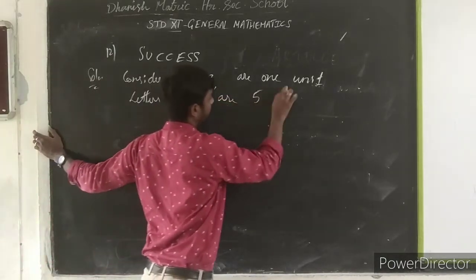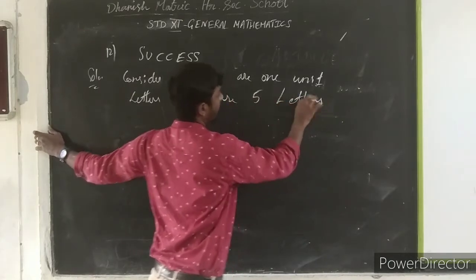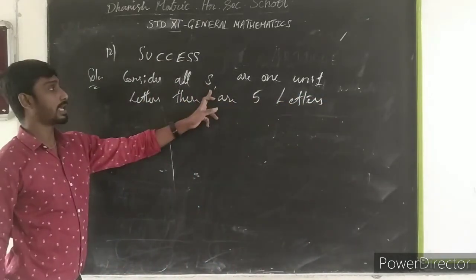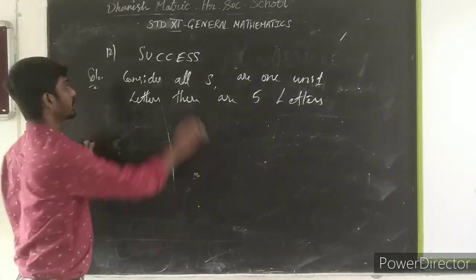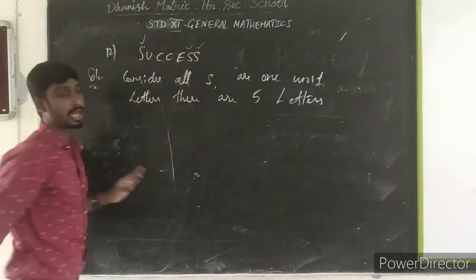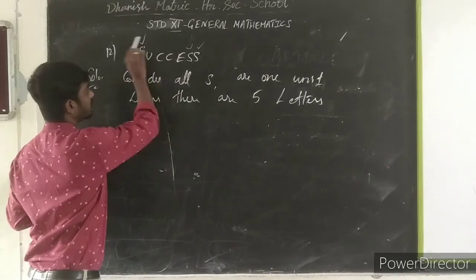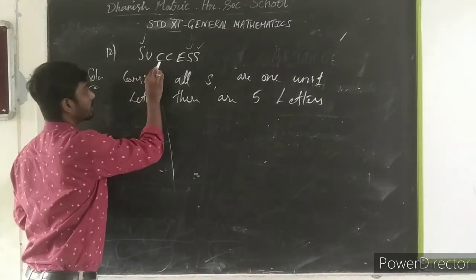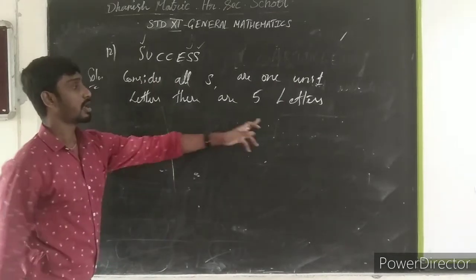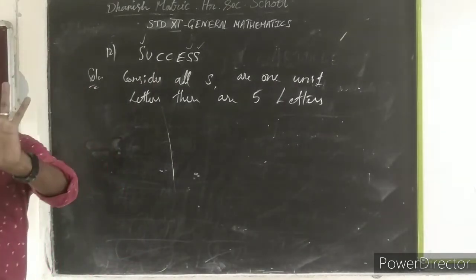There are 5 letters, because all S are in one unit. So these three are considered like one unit here. The total number of letters, with the 3 S considered as 1, and then 2, 3, 4, 5, will be 5 in total.